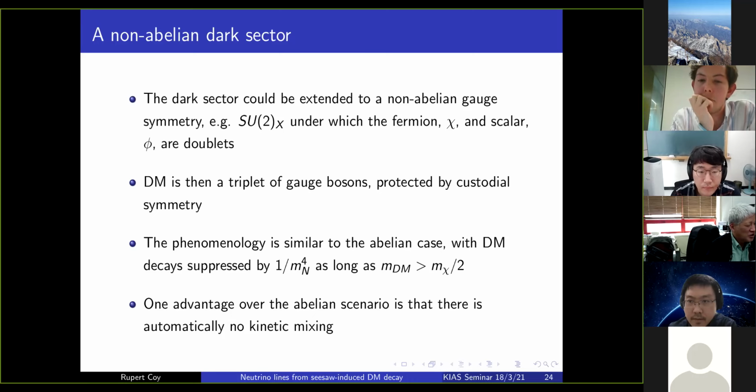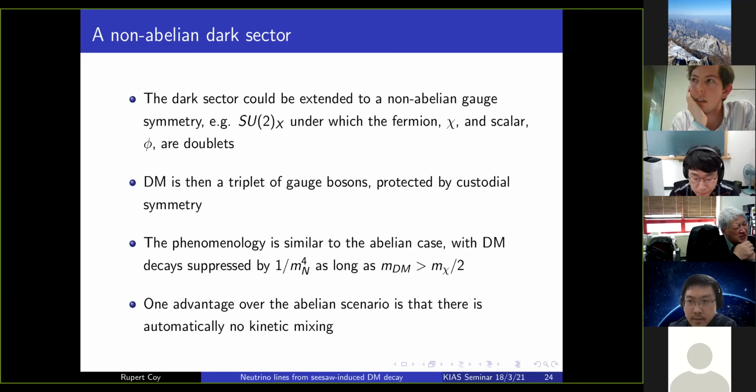Of course, if the new physics scale lambda is very high, then the kinetic mixing will be very small. But anyway, in principle.